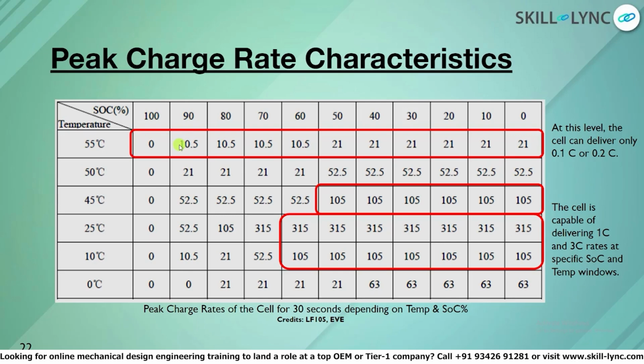But when you are at 90%, it takes only 10.5 amps, and that continues up to 60% SOC at 55 degrees, where your cell would only accept 10.5 amps of current, which is just 0.1 C. And from 50% to 0% SOC, your cell will accept only 21 amps of current, which is 0.2 C.